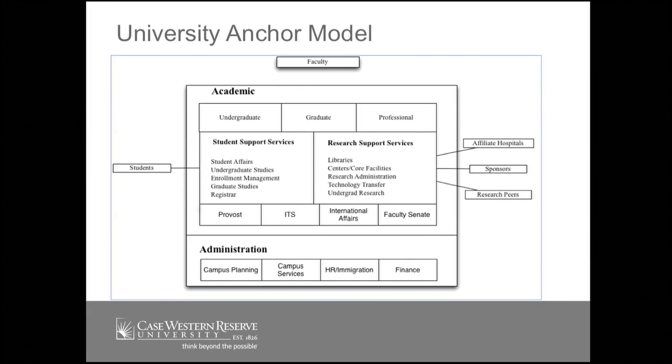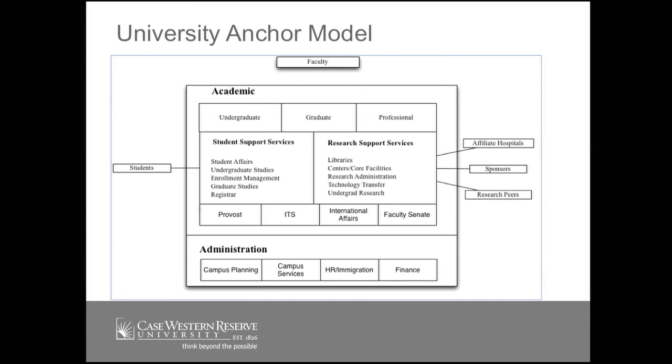This particular one, what I did is that we focused only on the faculty. We did not try to put in all of the student activities that are going on at the university. So we're just focusing on a piece of the city plan. At the top, it's split into two areas, the academic area and then the administration area.